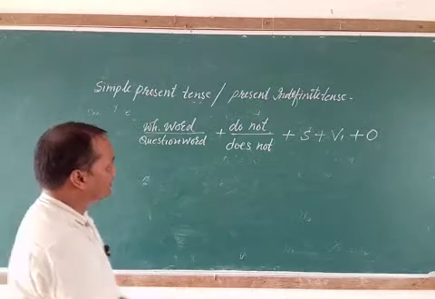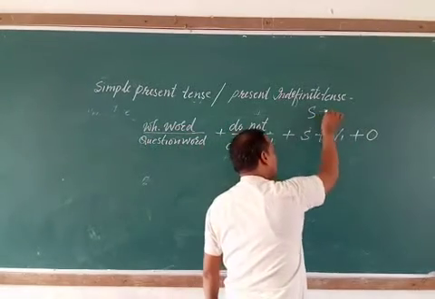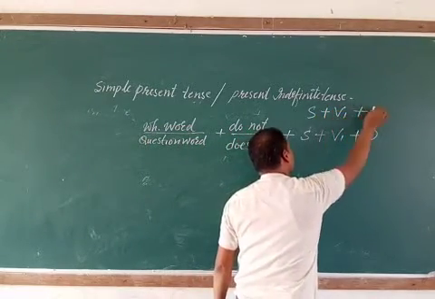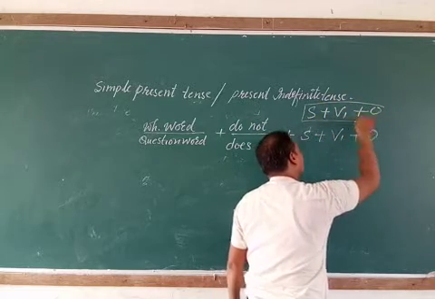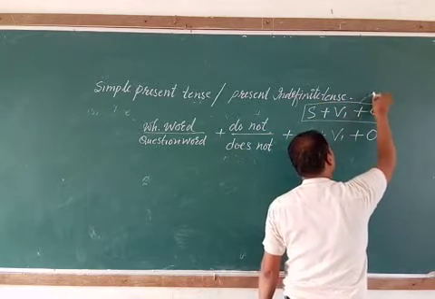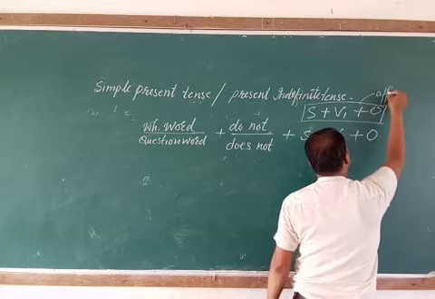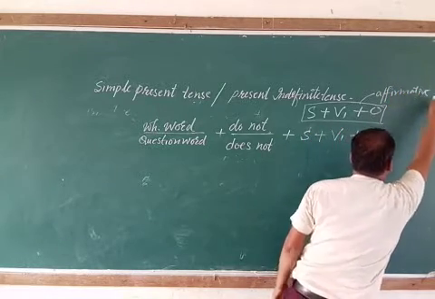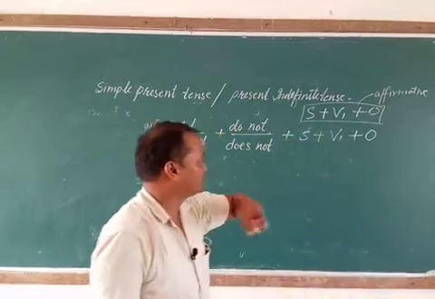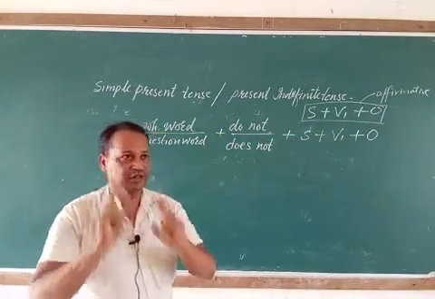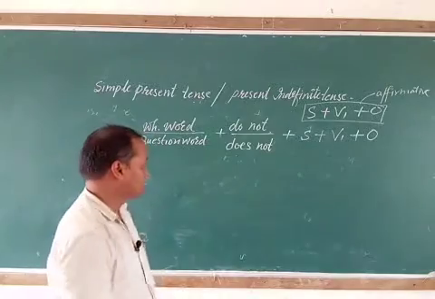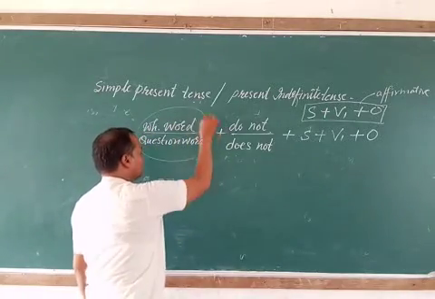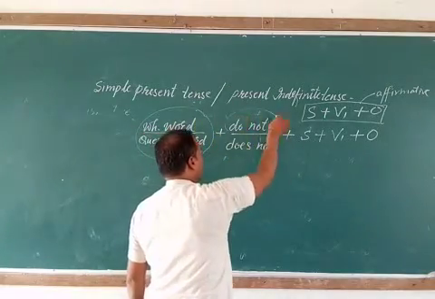It is like subject plus first form of the verb plus object. This order is in the affirmative sentence. To make it a question, we have to add two things. What are these things? Question word first, then do or does.